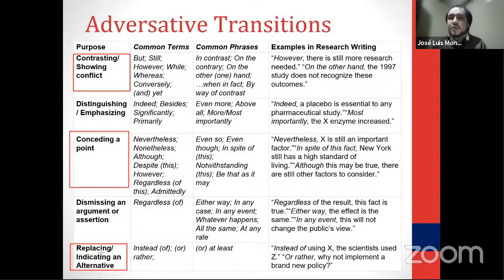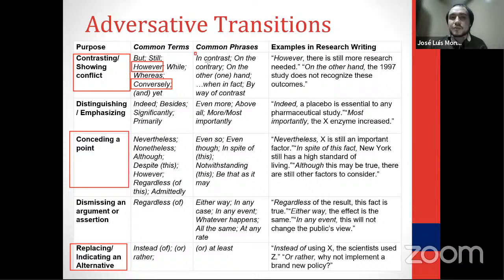Again, I'm going to mark the ones that follow the structure that we use, which are the following. Here is going to be however. While can be used in a different way, so it's going to be however, conversely. These two can be used with period, semicolon, this word, comma, and the next idea.